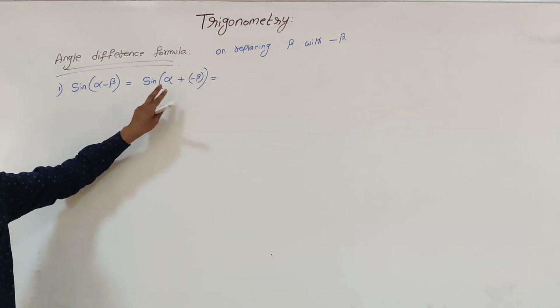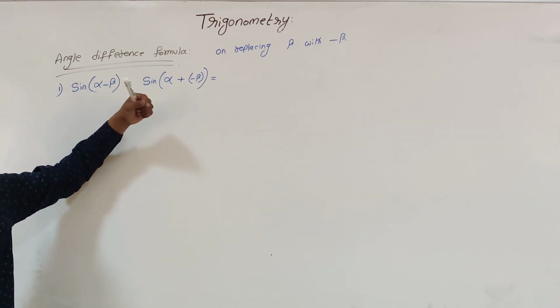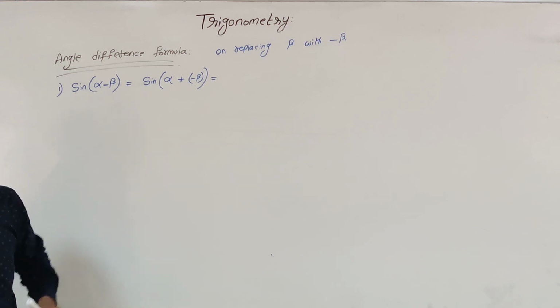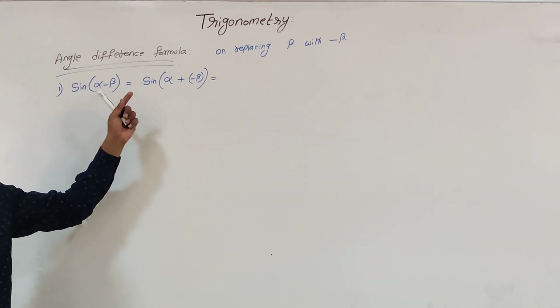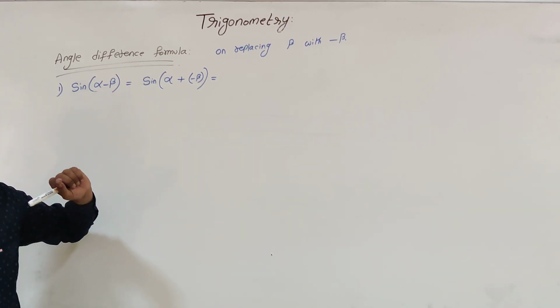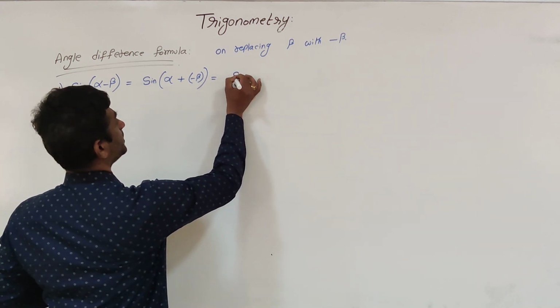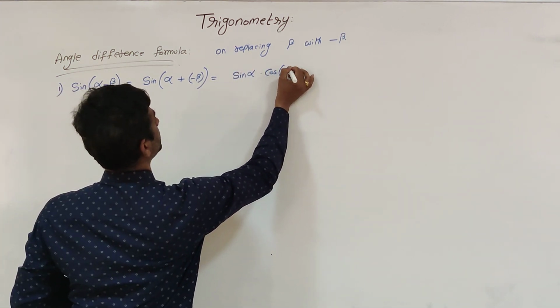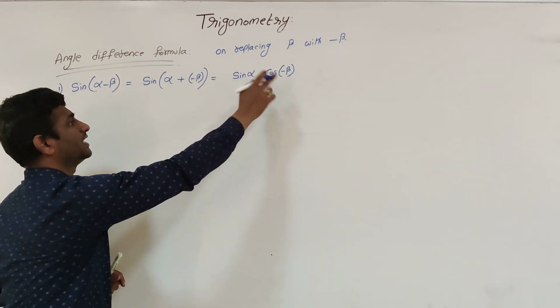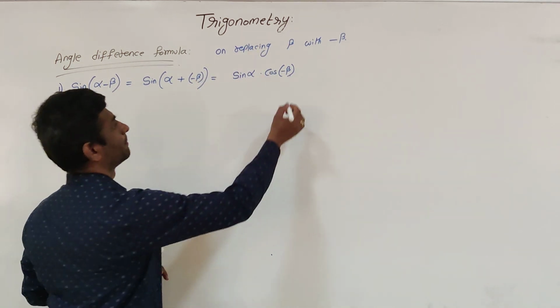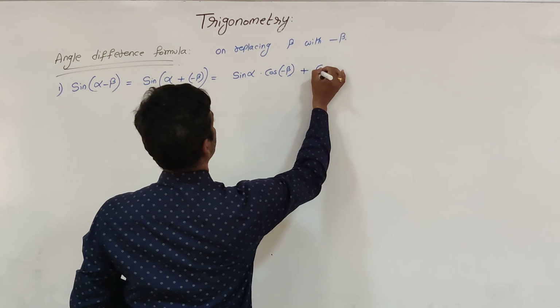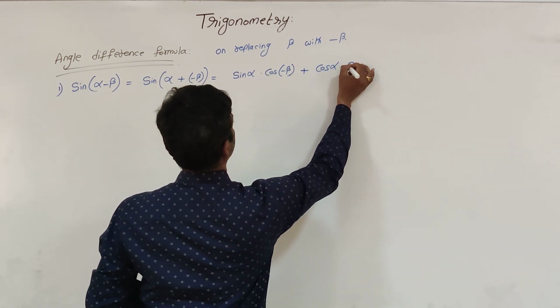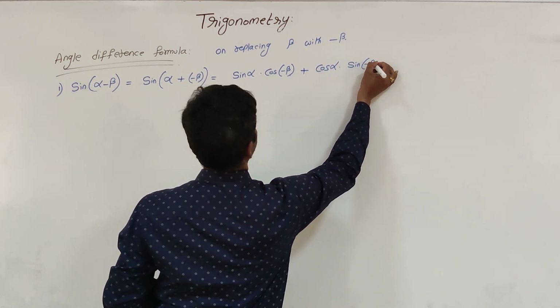So now this becomes the angle sum formula. As for the sine of alpha plus beta, it is sine alpha into cos of minus beta, where in the place of beta it is minus beta, plus cos alpha into sine of minus beta.